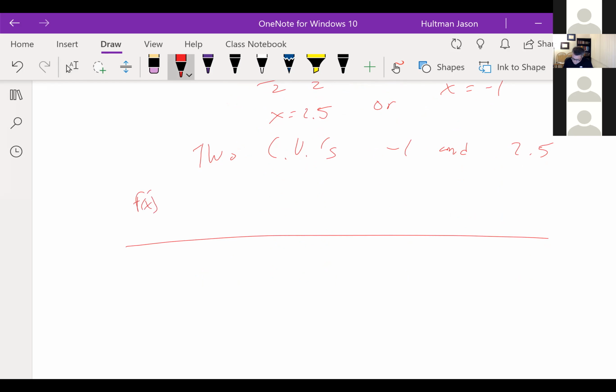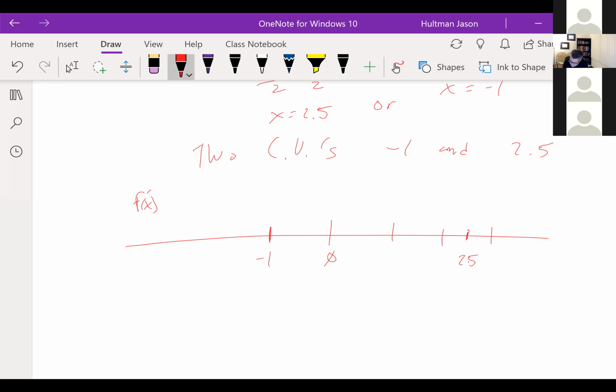What's the behavior of f prime of x? Here's 0. Here's 2.5. And here's -1.